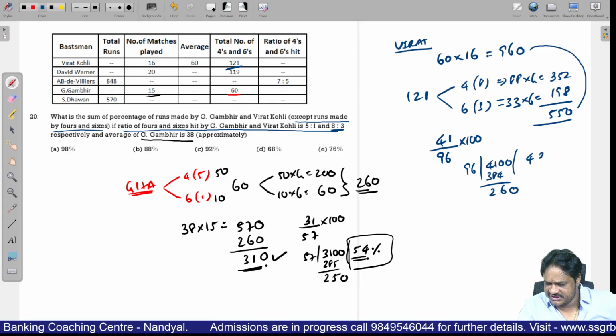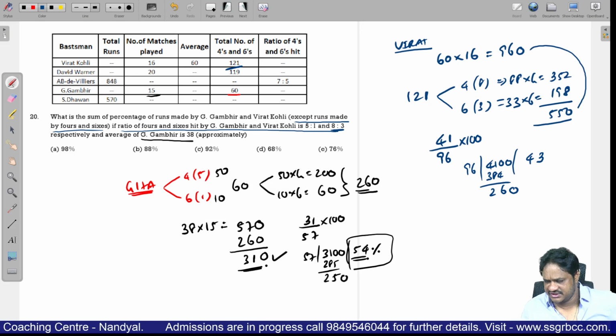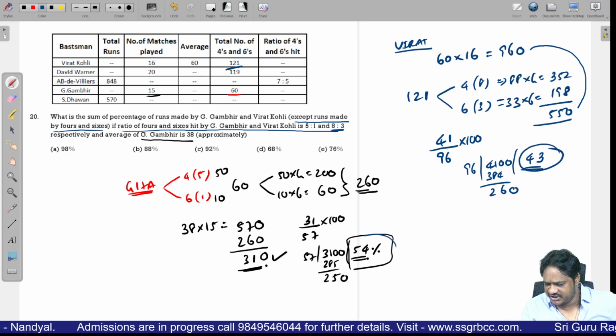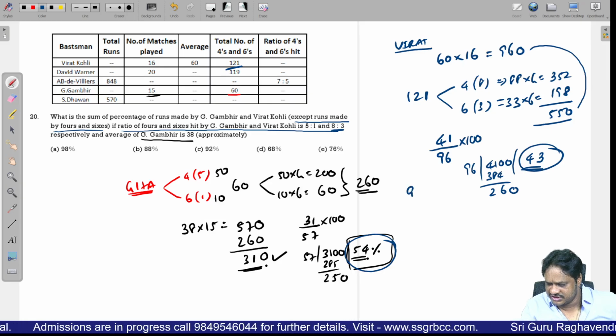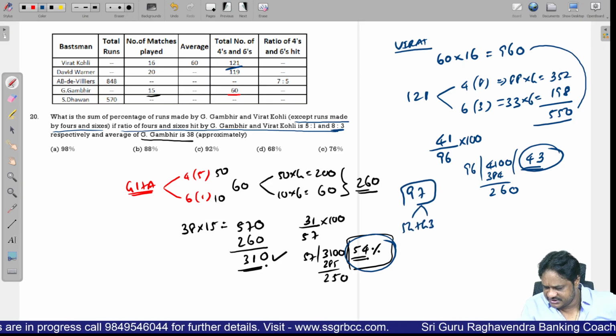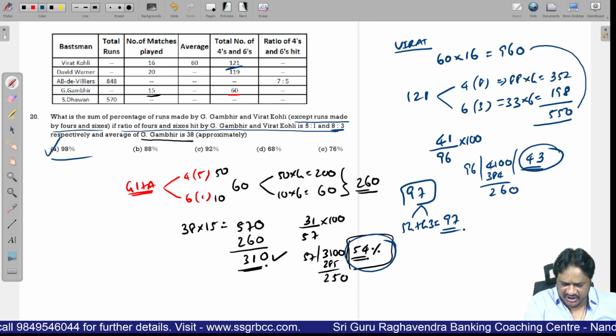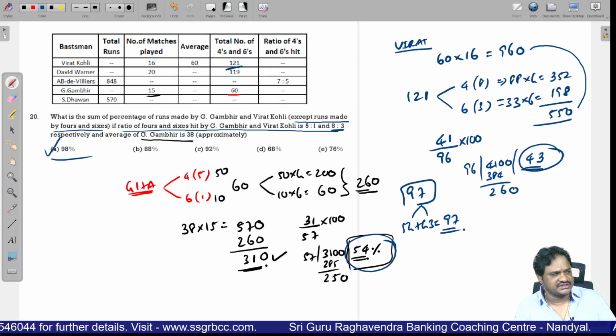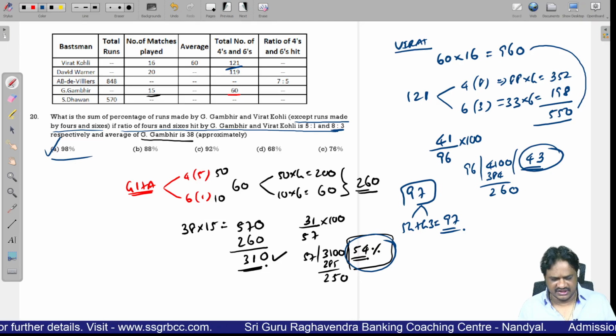Now 96, 3. It is not exactly 3 times, approximately 2 times. So it is 43, and this is 54. Total sum will be 97. 54 plus 43, approximately 97. We can go near to 98. 98 is the correct answer. Let us see the next question.